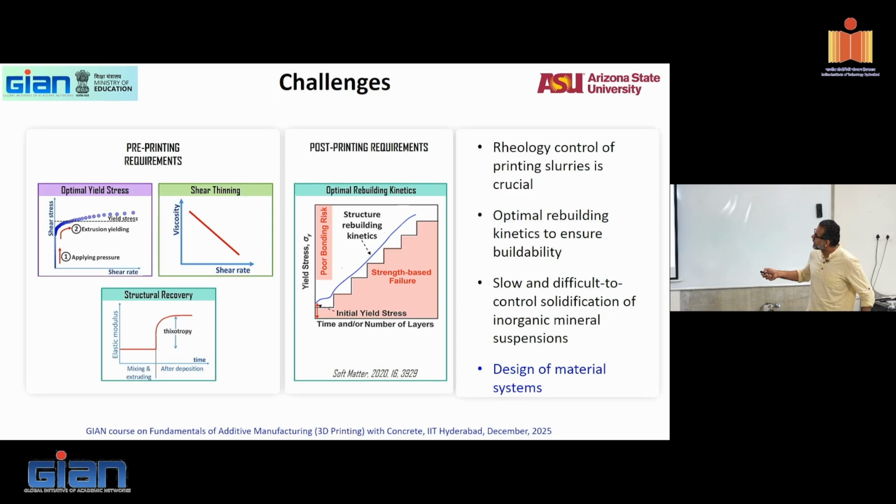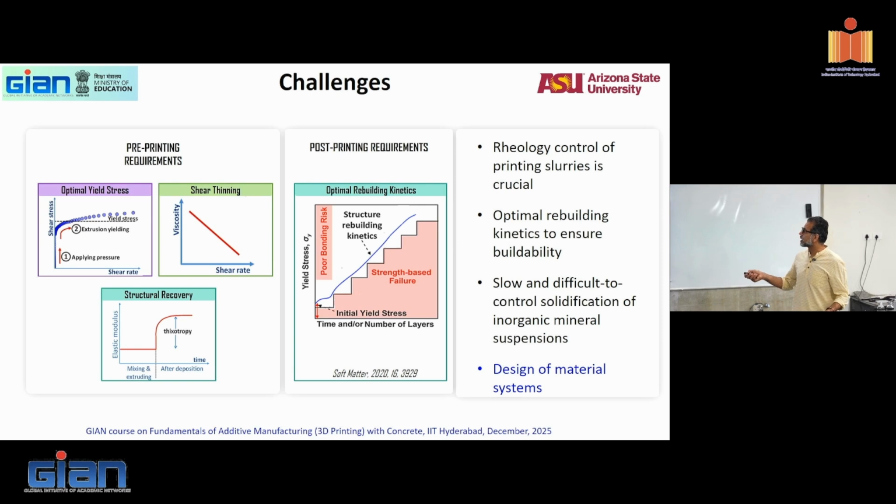And your rebuilding kinetics also has to increase so that the load that you have to take care of is taken care of by the development of kinetics in the material that eventually leads to formation of material strength.